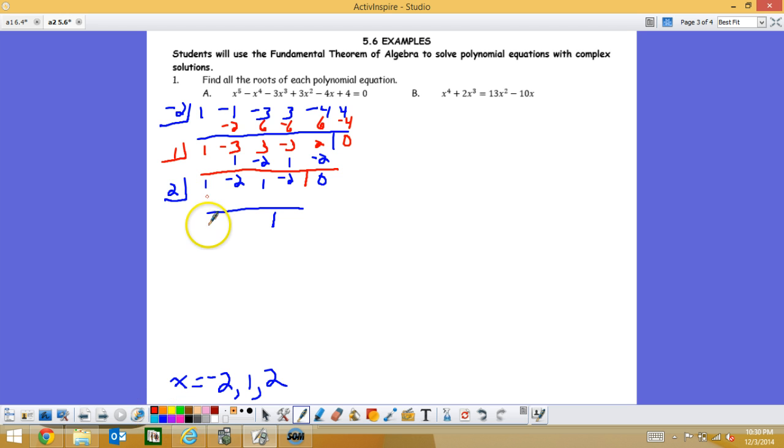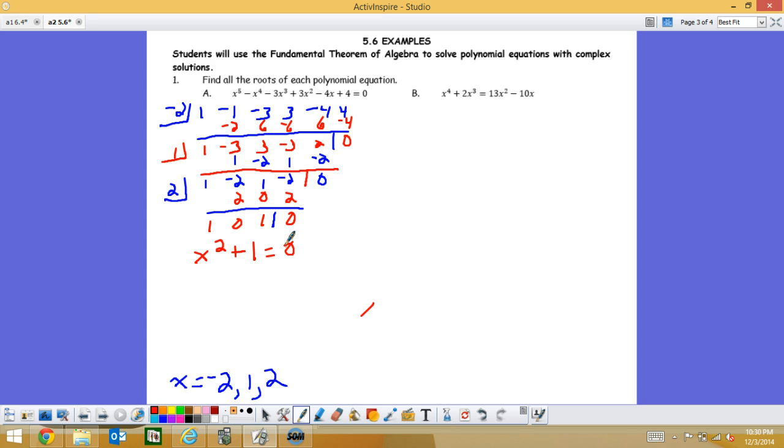So bring down the 1, 2, 0, 2 times 0 is 0, add to get 1, 2, and in fact 0. So what we've done is we've knocked this down now to a quadratic that we can solve when we set this equal to 0.